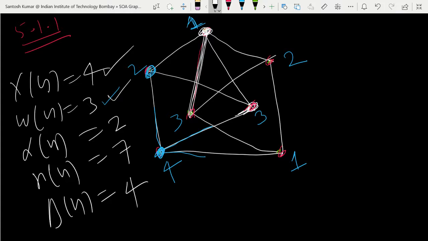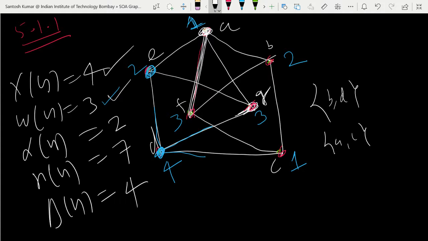Alpha G, the maximum independent set. If I name the vertices A, B, C, D, E, F, G, which will be the maximum independent set? B and D. A and C. BD is fine, AC is fine.